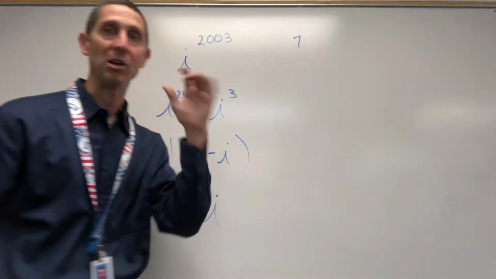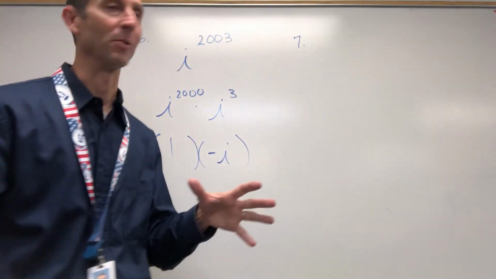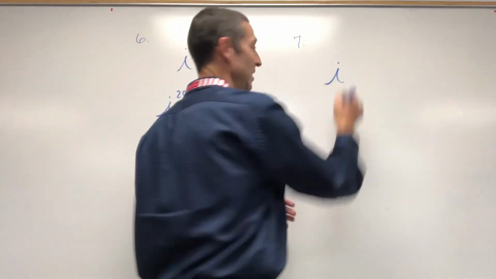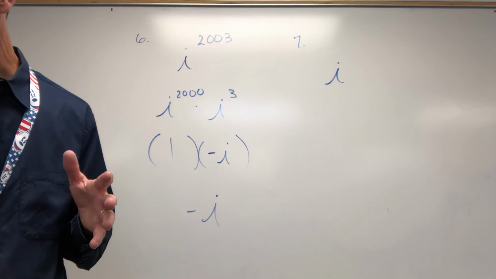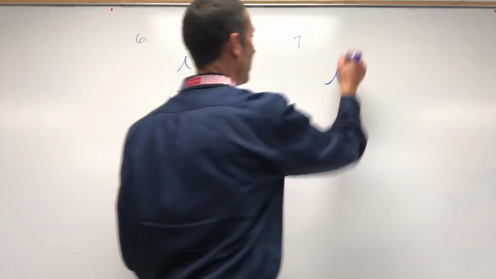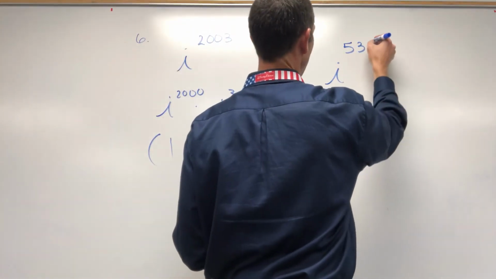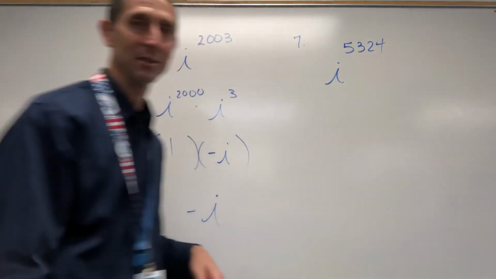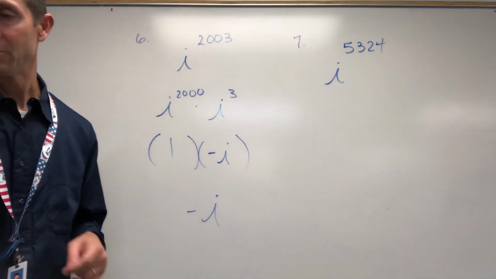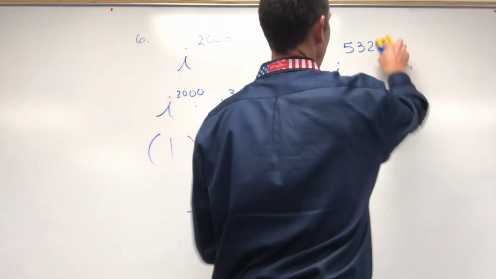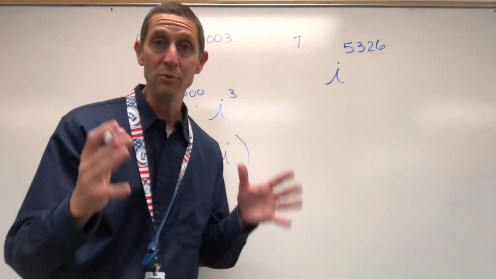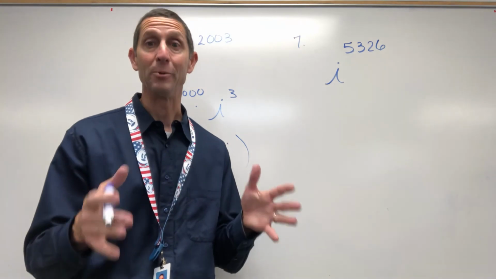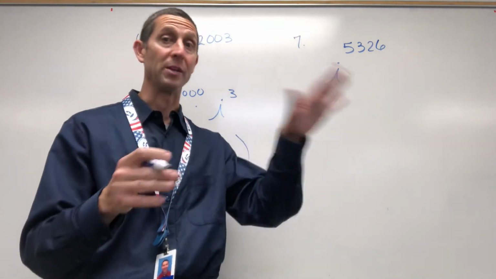I'm thinking one more, guys. All right, let's get a colossally humongous number. I mean a gigantosaurus number. Oh, sorry, 5326. So 5326 is our giant number, and we need the closest multiple of 4 without going over.